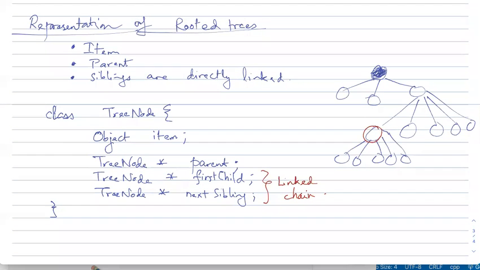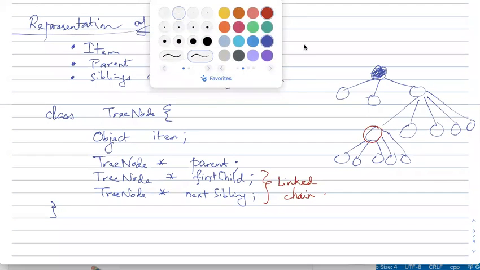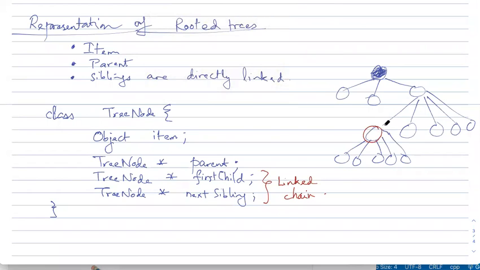Okay. So for this node, suppose how the representation would look like is that, it has got an item inside. It has got a parent pointer. And then this has got a pointer to the first child. So this is the first child pointer. And then it has got a pointer to the next sibling. And likewise, this will have the pointer to the next sibling.